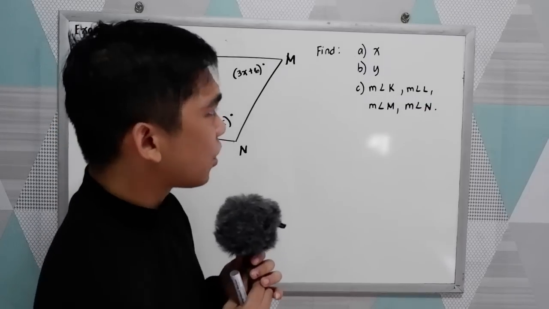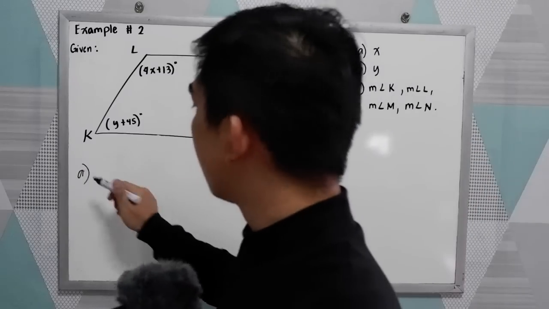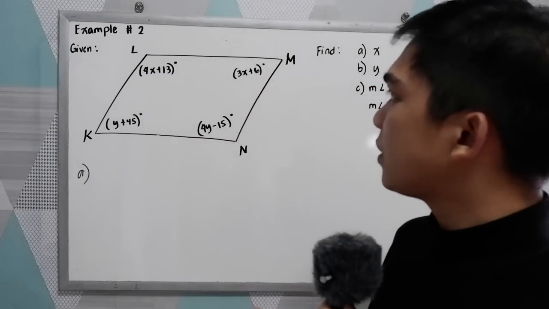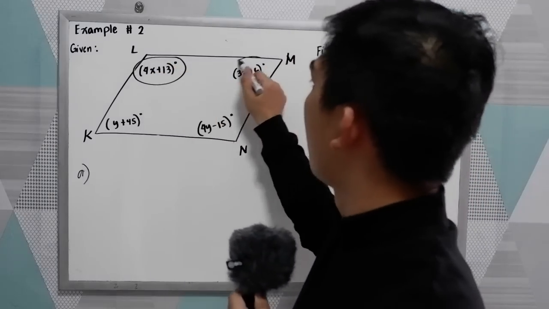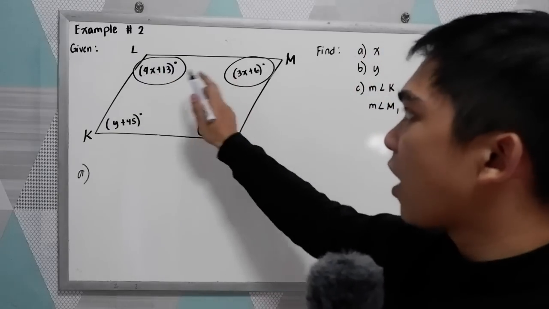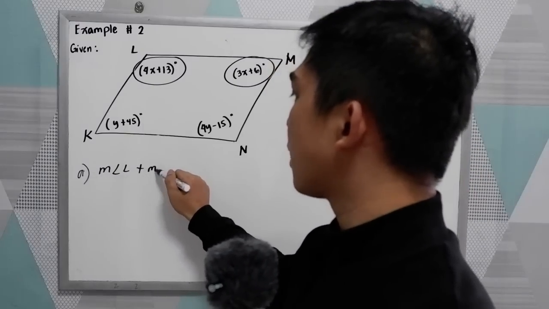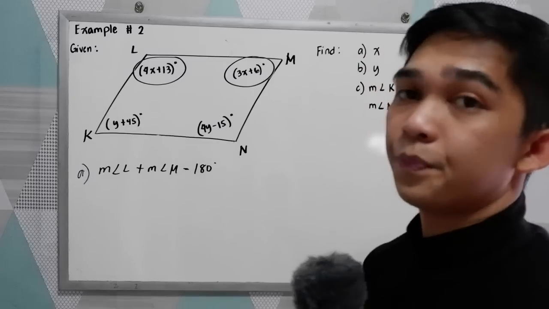Let's start with finding x. So letter A. To find x, we know that applying our property number 3, if we add the consecutive angles, measure of angle L plus measure of angle M, their sum is 180 degrees.